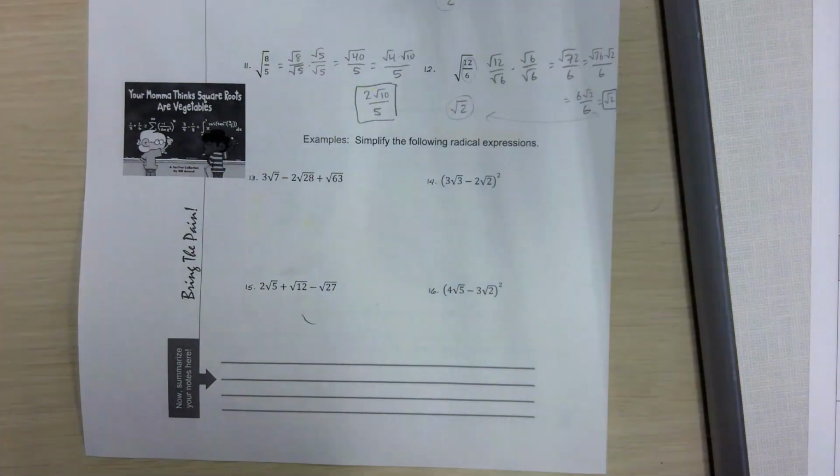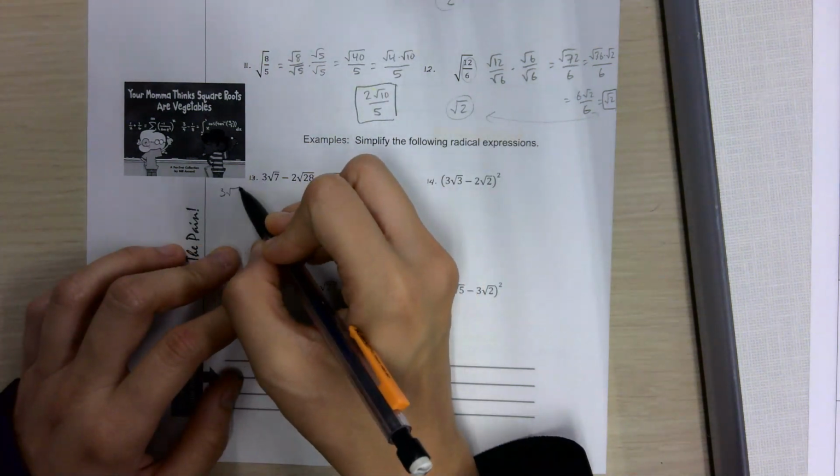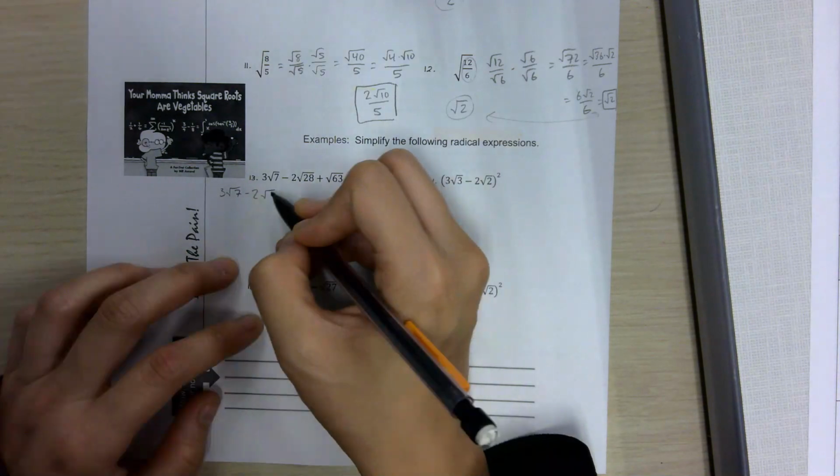Okay, so you can pause the video, but happy to have you do them along with me. Okay, so we have 3 root 7 minus 2 root 4.